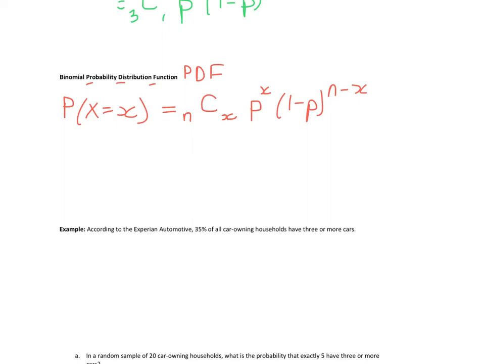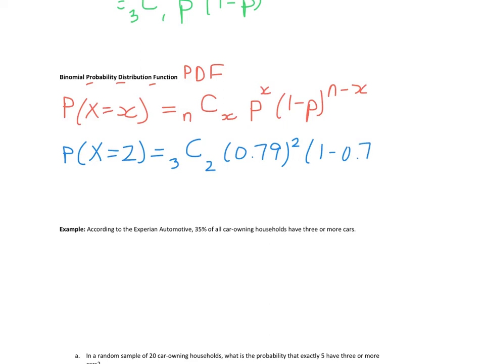Okay, so let's say we wanted to find, going back to our example, the probability that 2 of those flights are on time. It would be 3 choose 2. The probability of success happens twice. The failure happens once. 3 minus 2 is 1.